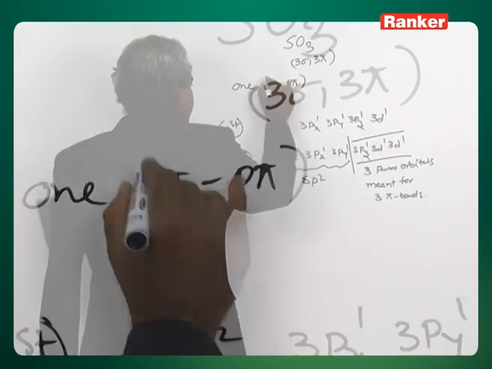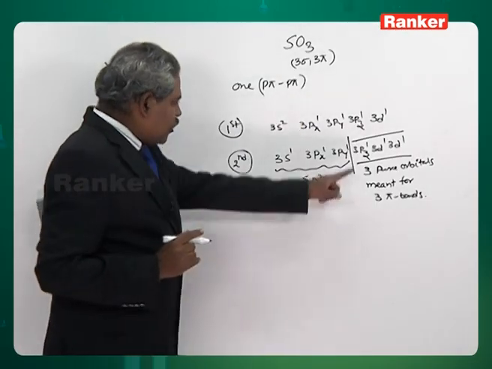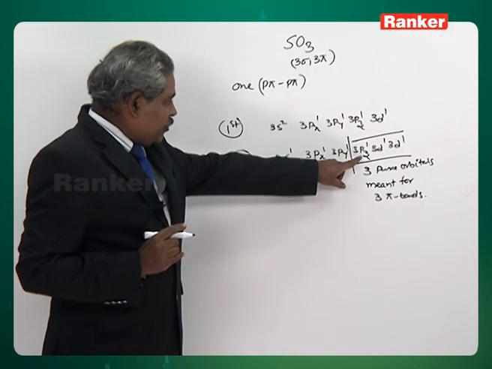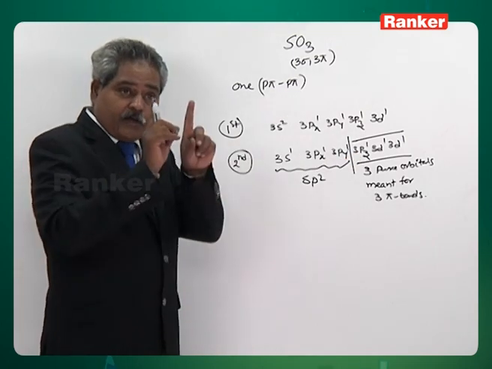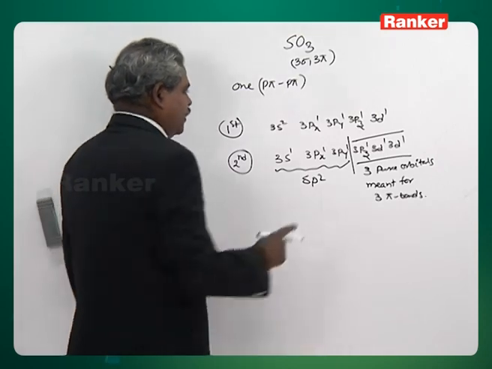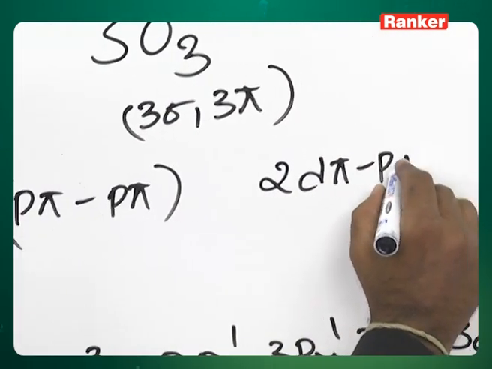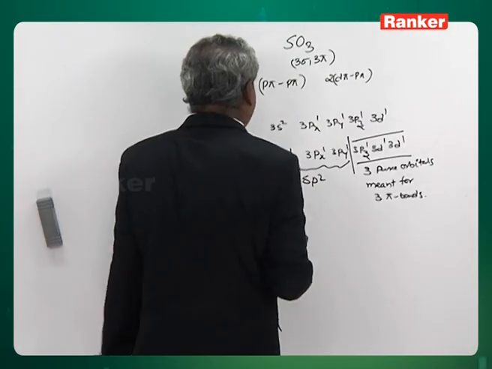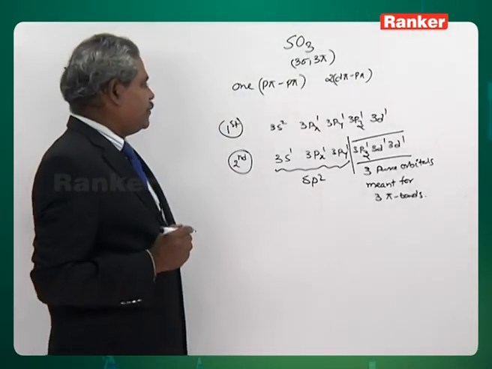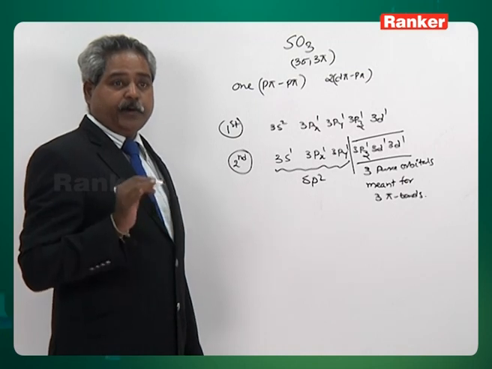What do you mean by a P pi bond? P orbital of sulfur and P orbital of oxygen. So 1 P pi, 2 D pi P pi bonds.